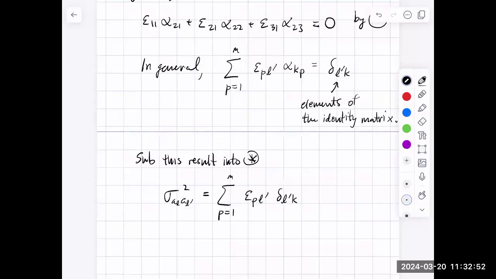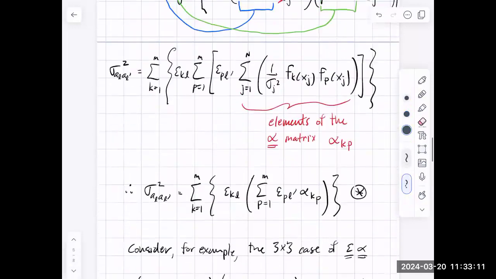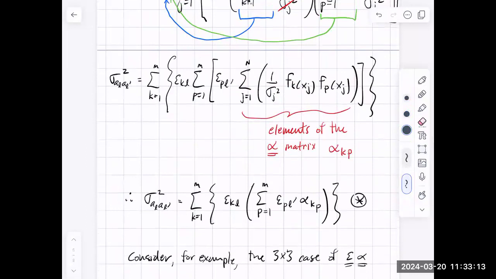This sum will require that L prime and K be equal to each other. No, sorry, the sum was over K. Oh, right, yes, you're right, thank you. So what you're saying is that this should be the sum over K, right?